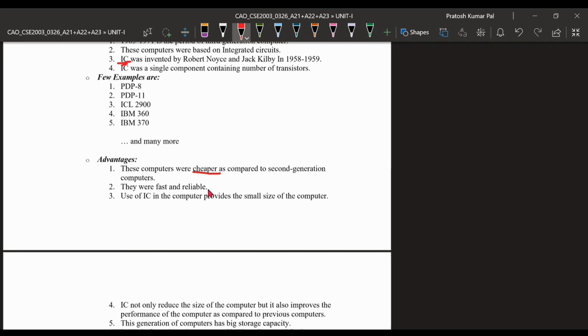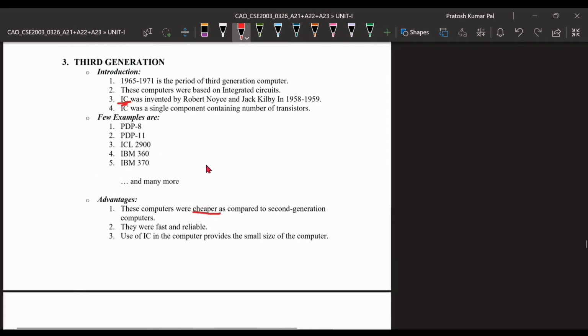They were fast and reliable, and require less maintenance, because if 10 transistors are there, you have connected them with wires, and whenever a wire is loose, our functions will be different. But instead of wiring 10 transistors, we have a single IC, in which all the connections are inside. So very little maintenance is required in IC based circuits.